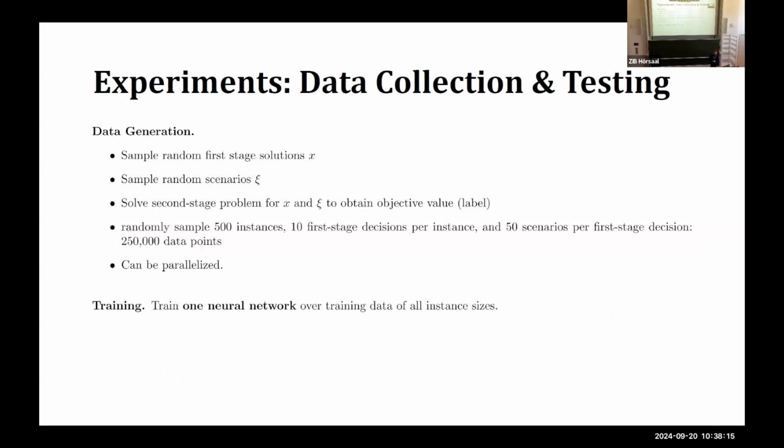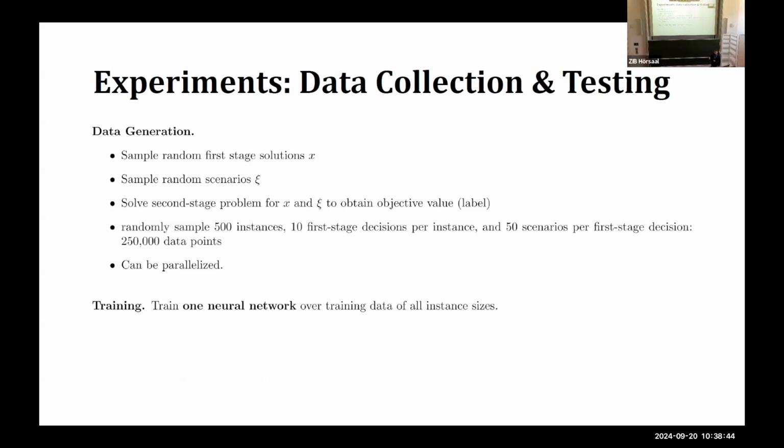So we sample these from a distribution, and each time we solve the second stage problem, which can be done efficiently. So we do this for 500 instances, 10 first stage, 50 scenarios, so we're coming up with 250,000 data points. Now you can use these very efficient deep learning methods to train your network.